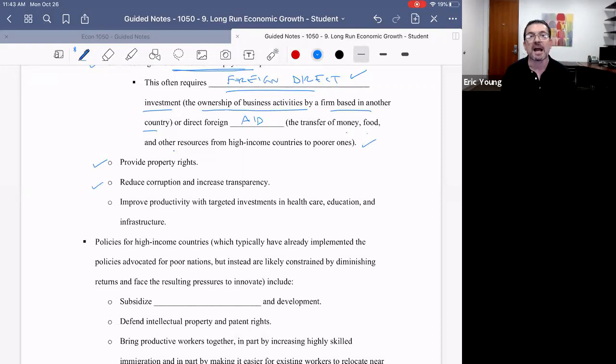These countries can actively work to reduce corruption, to increase transparency, to shift from those extractive institutions to the inclusive ones.